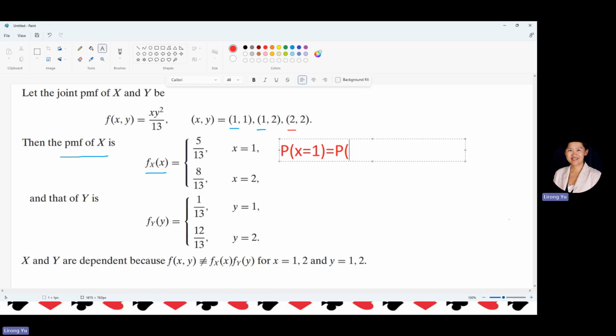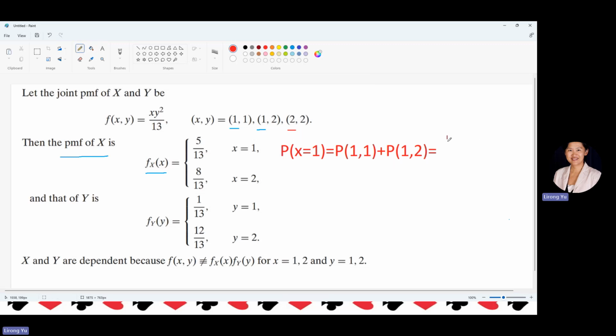There's the probability for (1, 1), and you have to add the probability of (1, 2). What is the probability of (1, 1)? It's 1 times 1 squared, so 1 over 13. And for (1, 2), that's 1 times 2 squared, 4 over 13, based on the original density.